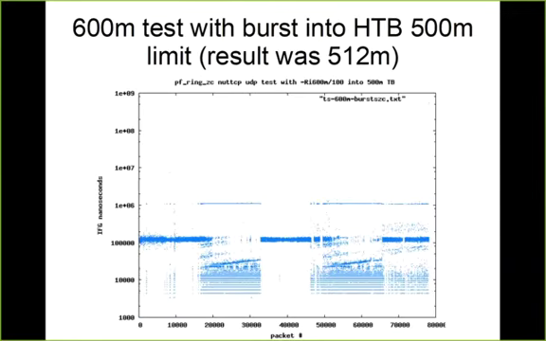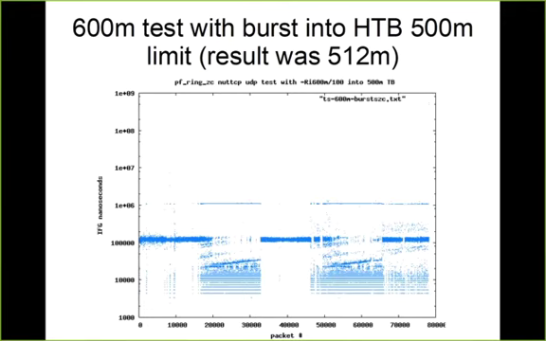So here's the obvious culmination of all this. I set up that hierarchical token bucket output queuing pacing on the sender, and I told it to limit the output at 500 megabits.